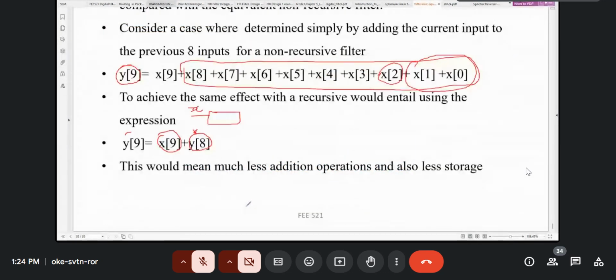Do you have any questions? This is basically just an introduction. Tomorrow we will look at how to design a simple low pass filter.